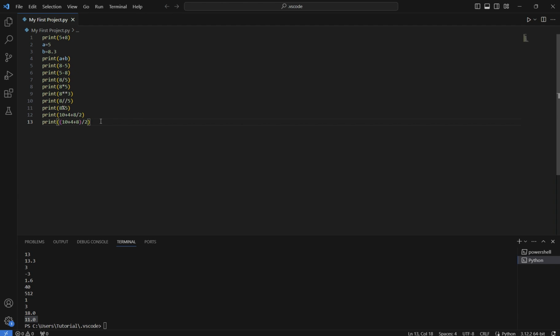So, we now know about the base mathematical operators in Python and their uses.